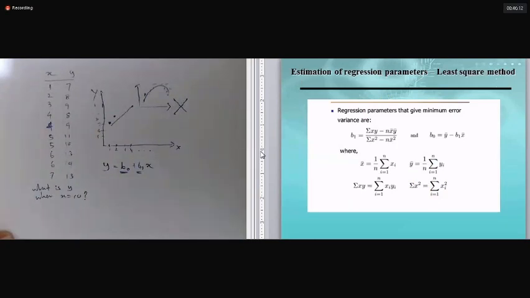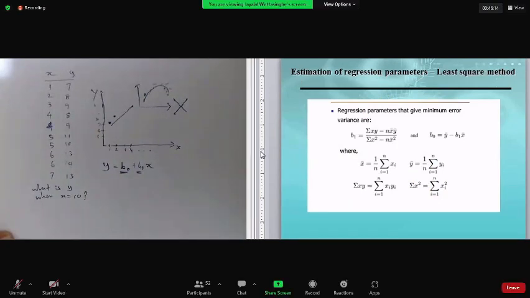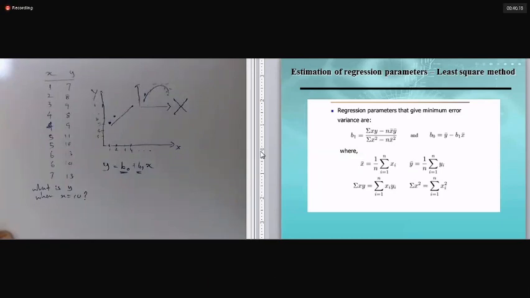The derivation of this formula is not discussed here. You can just refer to web. So you can search in the Google how to derive regression parameters. Then you will find the details. If anybody does not understand that, if you contact me, I will explain how to do that. So I am not going to do it here.